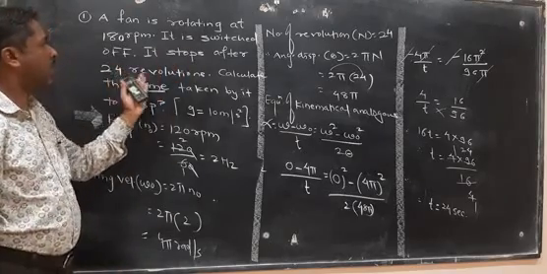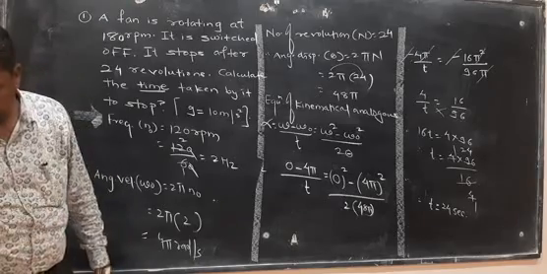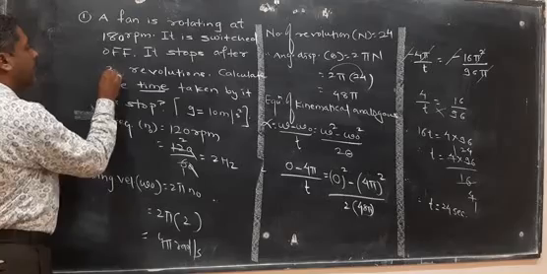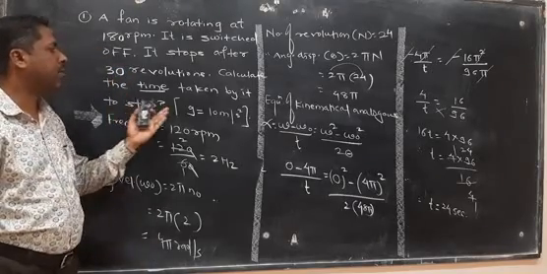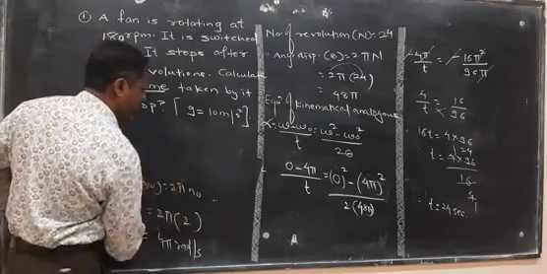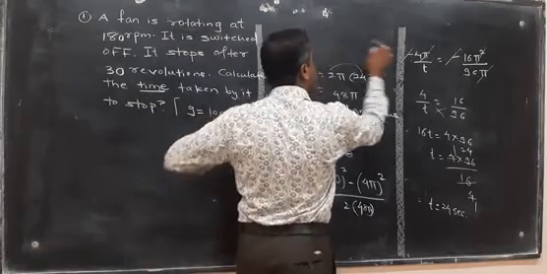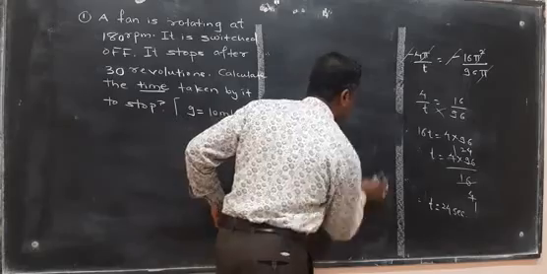It is switched off. Let us consider it stops after 30 revolutions. Calculate the time taken by it to stop. You can solve that yourself by using the same formula, the same method.